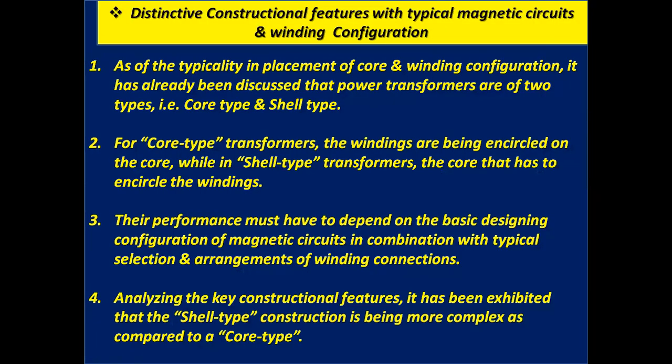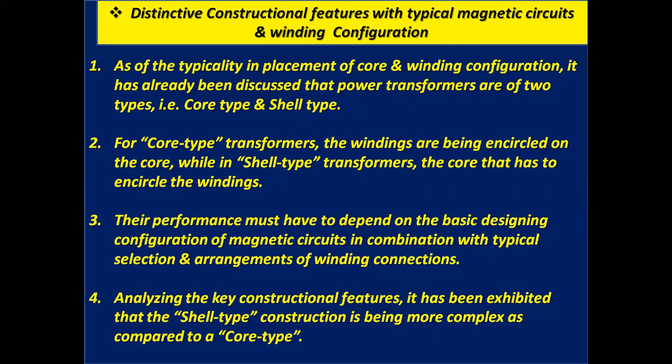Let's start with distinctive constructional features with typical magnetic circuits and winding configuration. As for the typicality in placement of core and winding configuration, it has already been discussed that power transformers are of two types: core type and shell type.